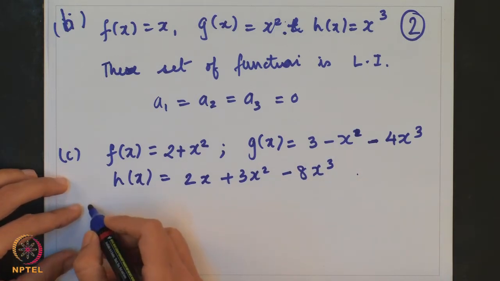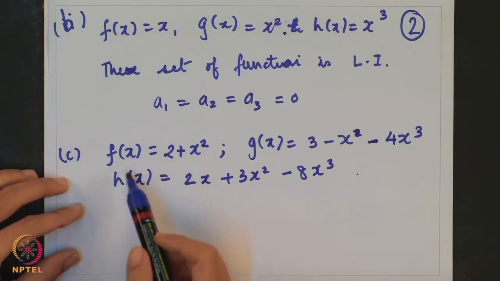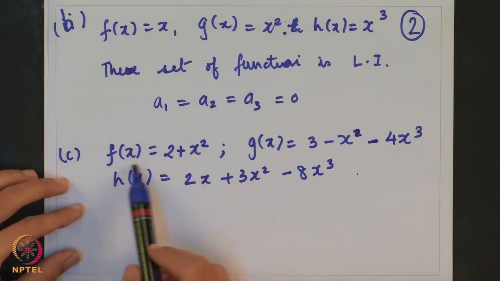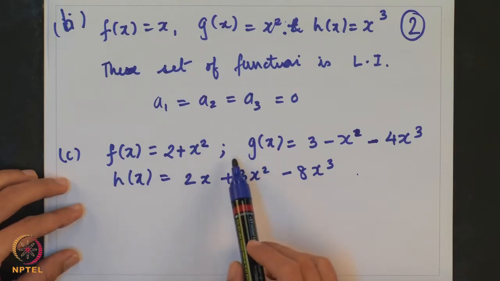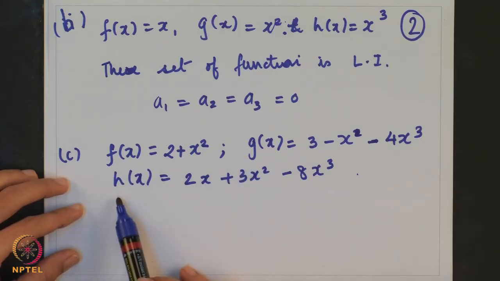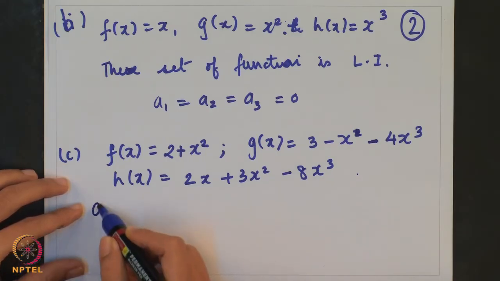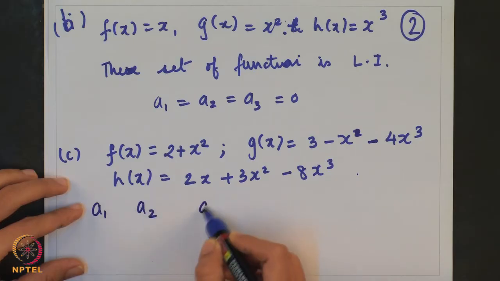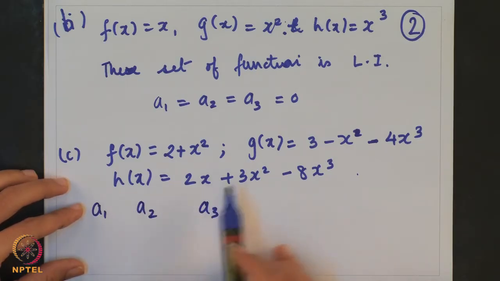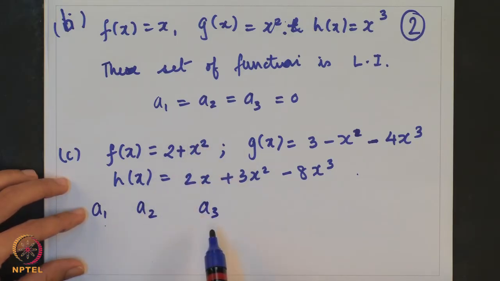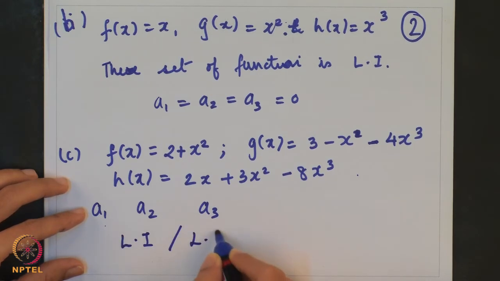Here I will again use the trick where I rewrite this as a1 f of x plus a2 g of x plus a3 h of x, equate it to 0 and find the coefficients a1, a2 and a3. You have to find out these coefficients and check whether this set is linearly independent or linearly dependent.